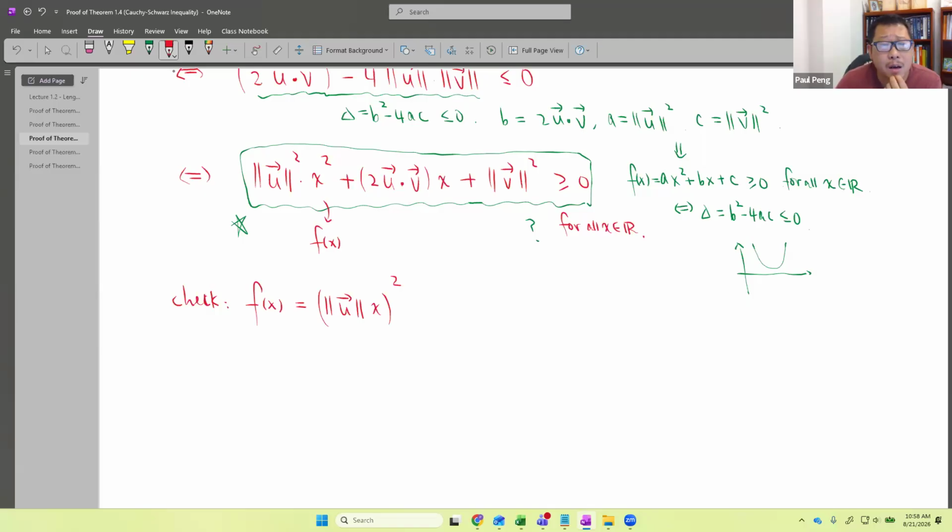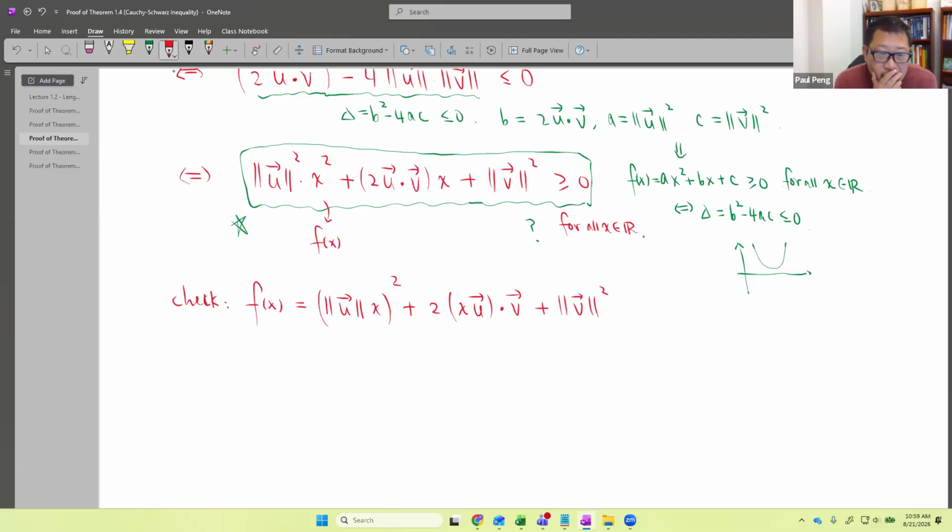The second term, what do I do? u and x are together. Probably you can put 2, and then x is a number times u, that's a vector, and then dot v. Oh, the same. And then the third term, let me just put it.